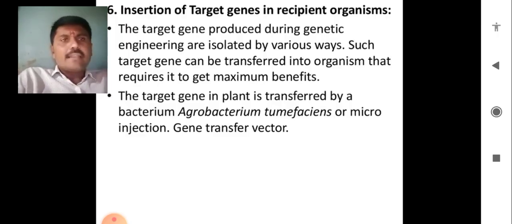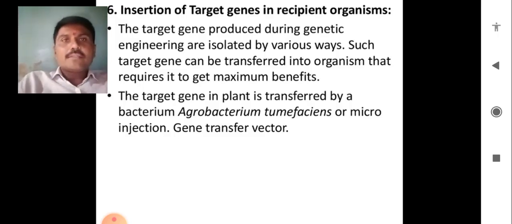The target gene in a plant is transferred by a bacterium, that is Agrobacterium tumefaciens. These Agrobacterium tumefaciens develop tumor-like structures in the roots of plants, and we are all aware of Agrobacterium tumefaciens or micro injections. This is the gene transfer vector.